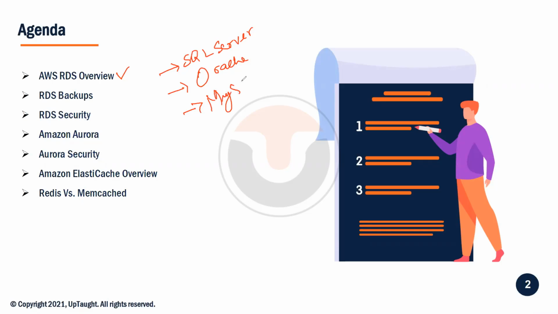MySQL, possible. Postgres, yeah. Then we have something called MariaDB. So RDS supports these many databases, which can be created on it.